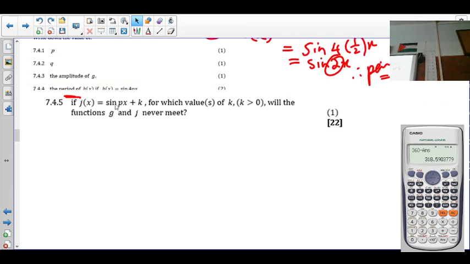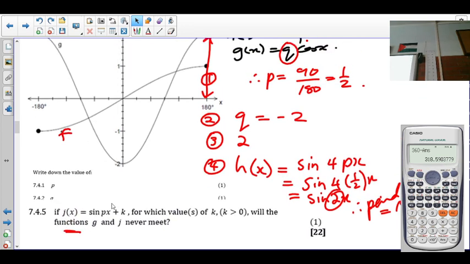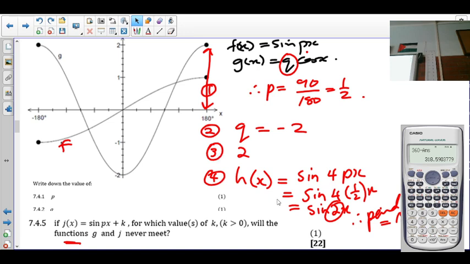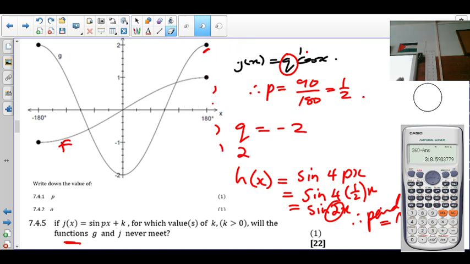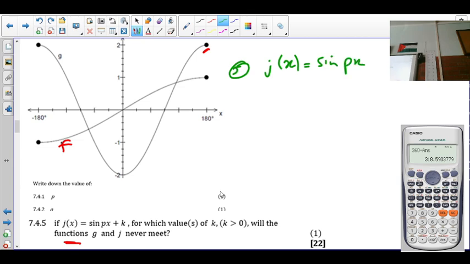Okay, the next question, 7.4.5. If j of x is equal to sine of px plus k, for which values of k, where k is greater than 0, which means k is positive, will the functions g and j never intersect?